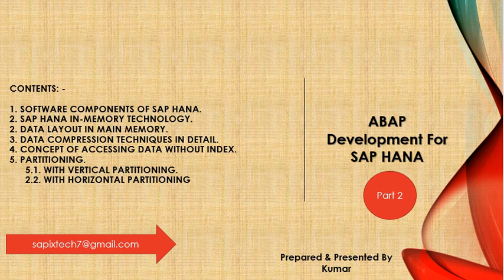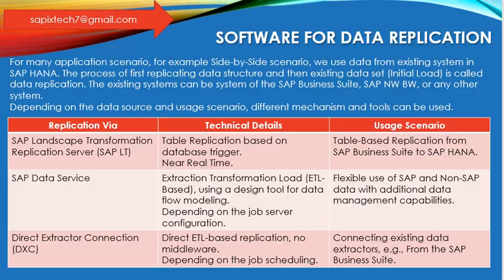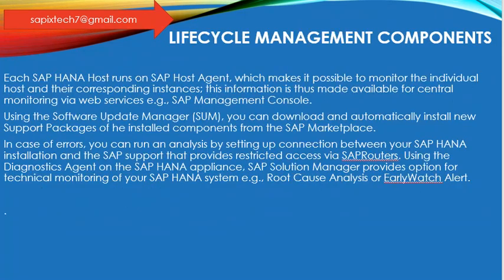I'll show you data compression techniques in detail, and how data is accessed without an index. What technology does SAP HANA use when we don't have an index but it is still faster than the traditional database?